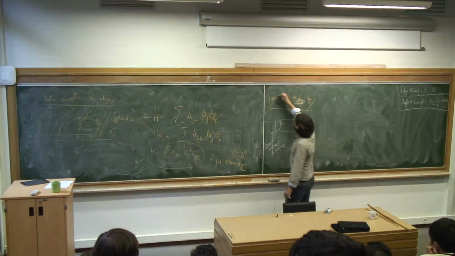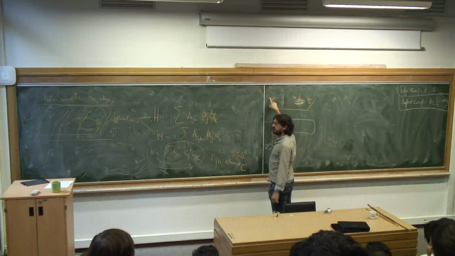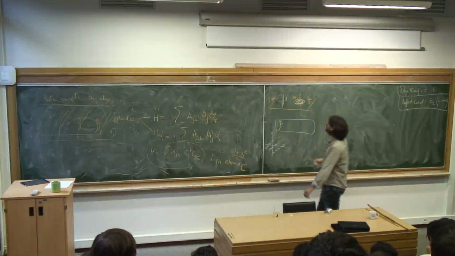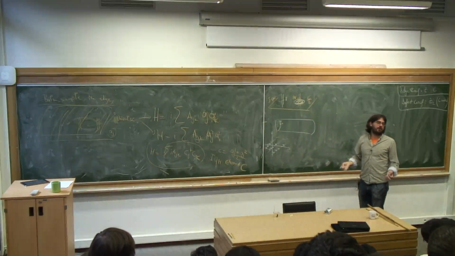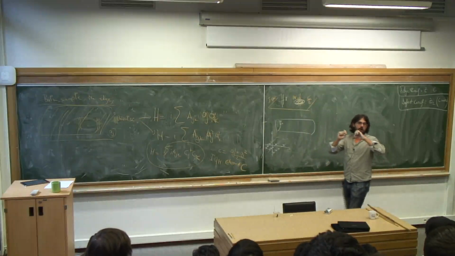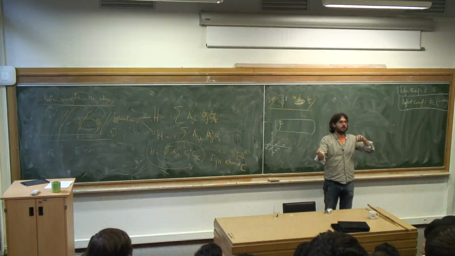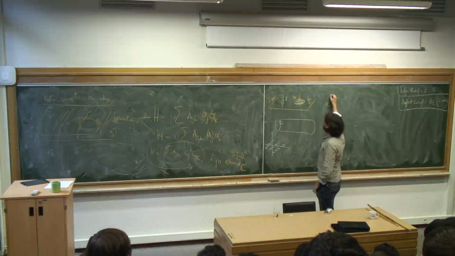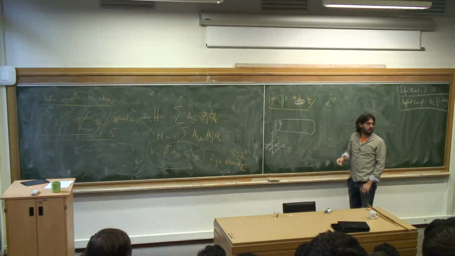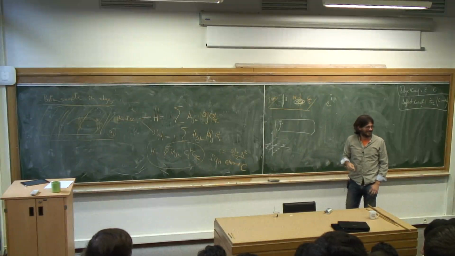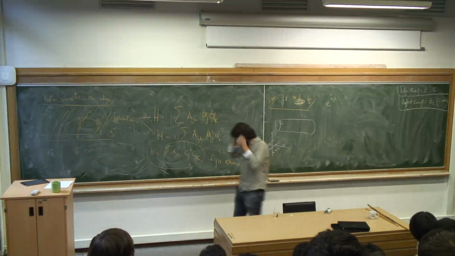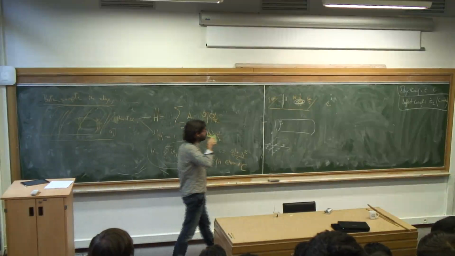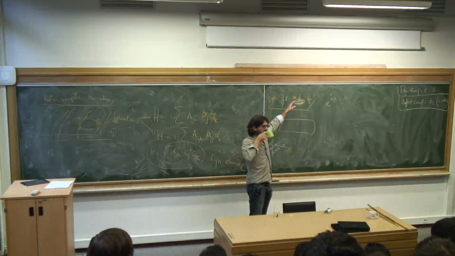Now I'm going to ask what happens when I take this charge and move it around this vortex. This vortex is also a pi vortex. What Bohm phase do you get when you take a charge and move it around a vortex? What's the phase? No, seriously, what's the phase?